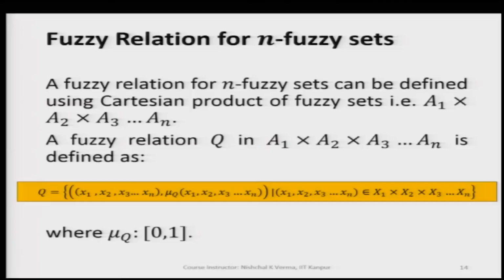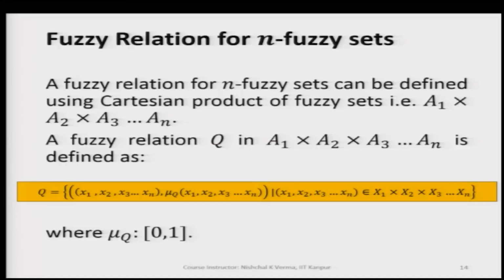Here also, if we have A1, A2, A3 up to An, small n number of fuzzy sets, let us take the Cartesian product of these small n number of fuzzy sets. How will this look? Like you have seen in the previous slide, if we take the Cartesian product of two fuzzy sets, we get an increased dimension. Here also the dimension increases small n number of times.